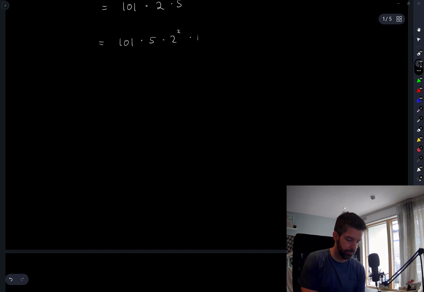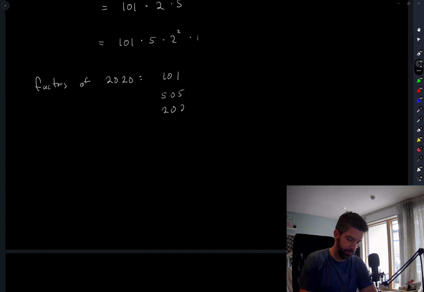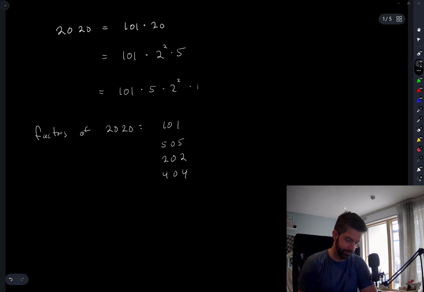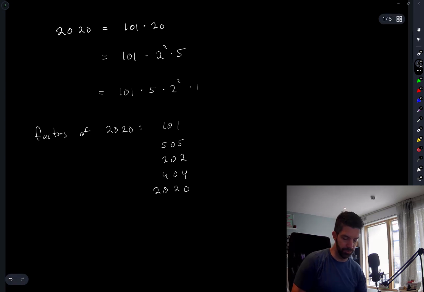So what are all the factors? We have 101, 505, 202, 404, 2020 itself. I think those will be all of the factors.